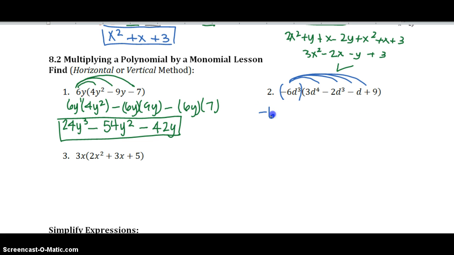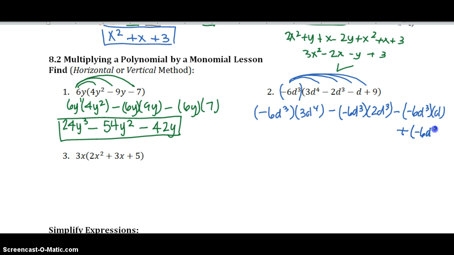So the negative 6d to the third times positive 3d to the fourth, minus, I'm just copying the sign there, negative 6d to the third times 2d to the third, minus, because that's the sign in between, negative 6d to the third times d, plus negative 6d to the third times 9.